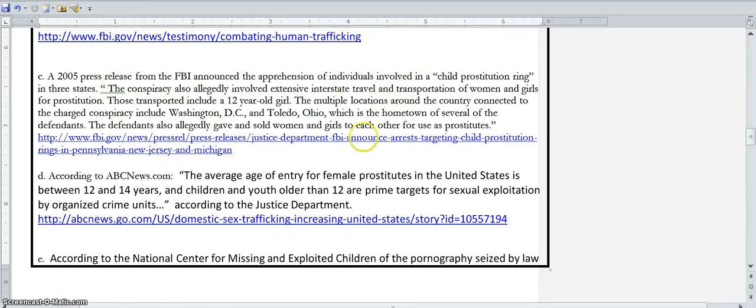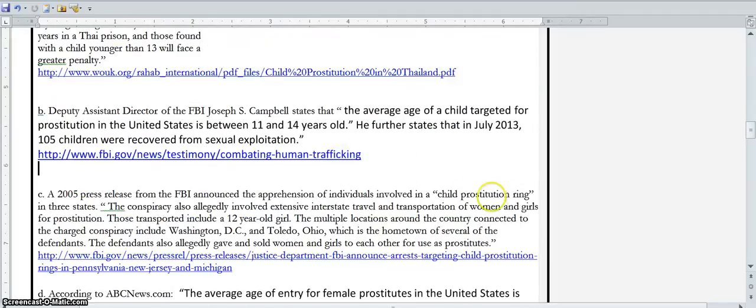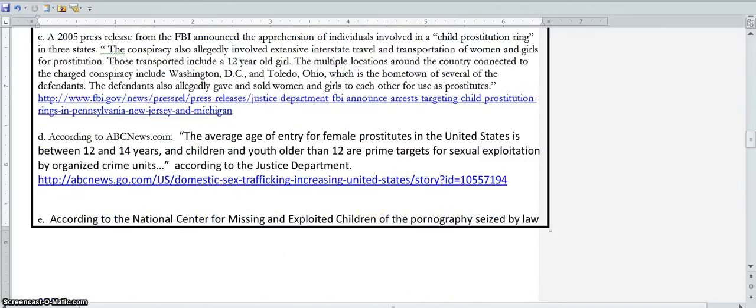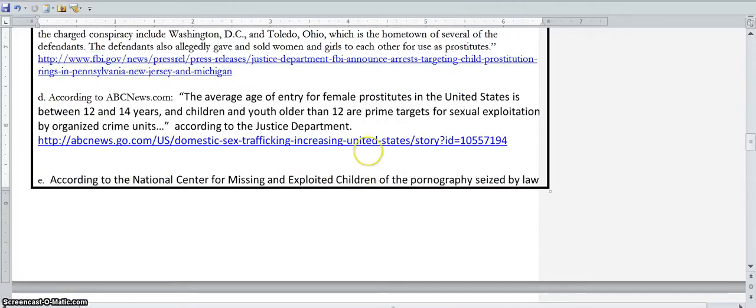Okay, so then we have the quote. So we have references to rings going on, and the fact that many of these victims are, in fact, minors. Here's another source from abcnews.com that the average age of entry for female prostitutes into that profession is between 12 and 14 years old.